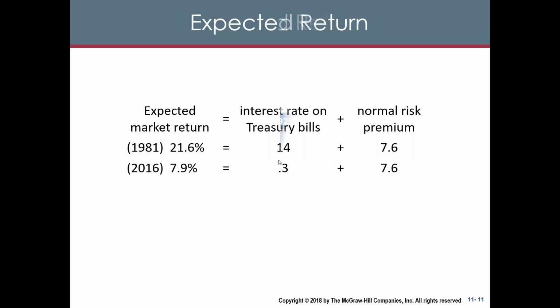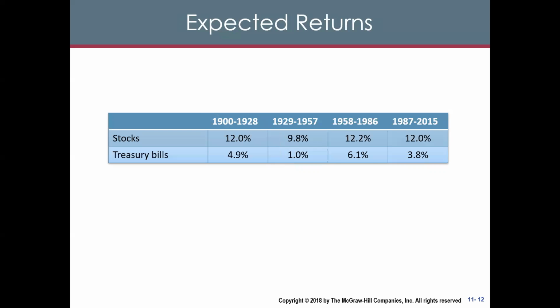Okay. However, different countries may have different expectations on the risk premium. Okay. So this is for the US. From 2019, there are 4 time periods, 2015, and then you can see the stock and the treasury bill, and you can calculate the risk premium in those 4 time periods.